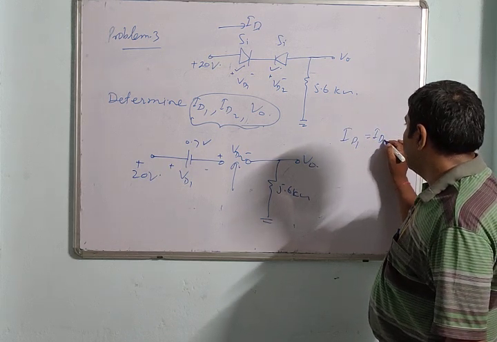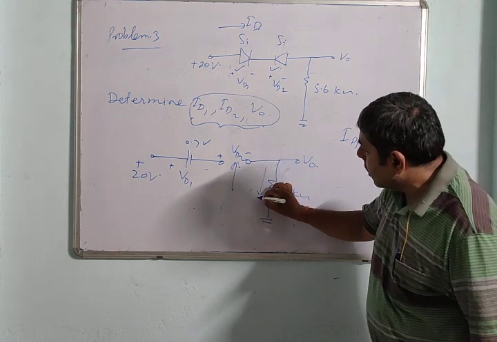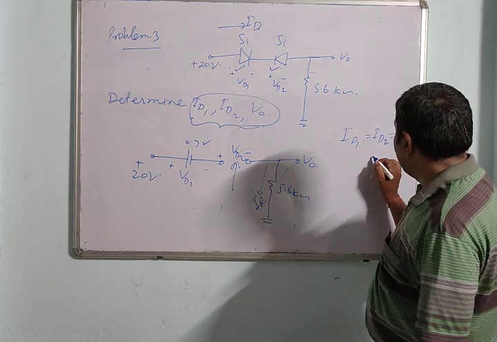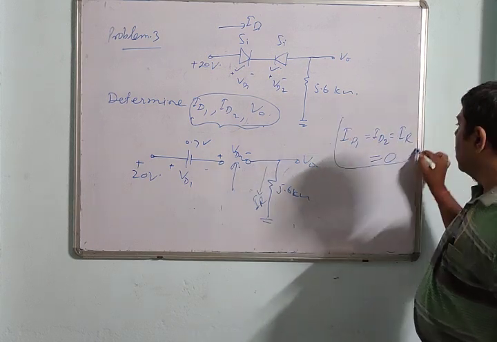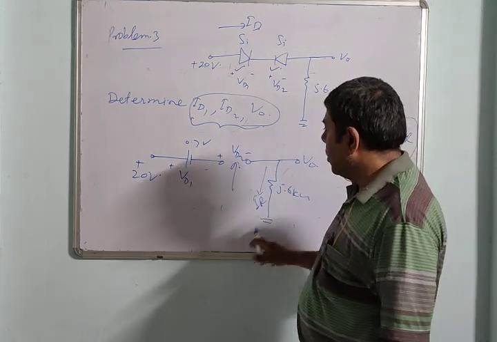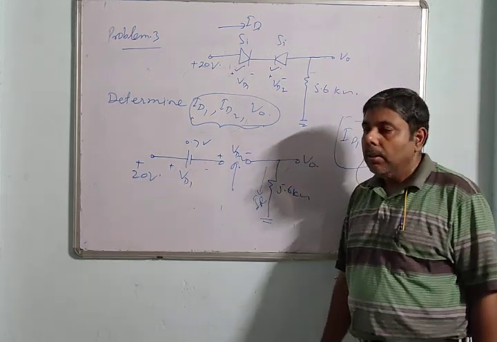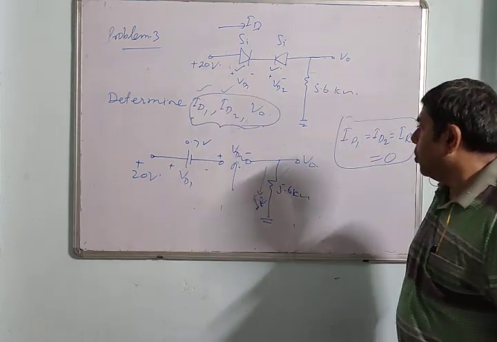ID1, ID2, and the current through this, all these currents are zero. Because this is open. No current will flow through this series circuit. Okay. So ID1 and ID2 are 0.